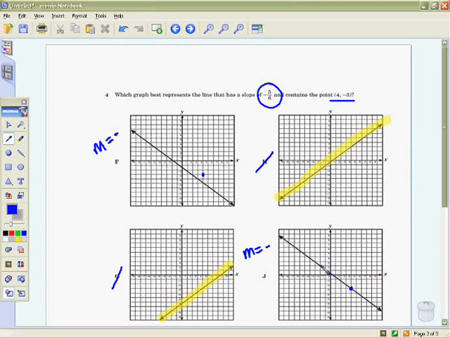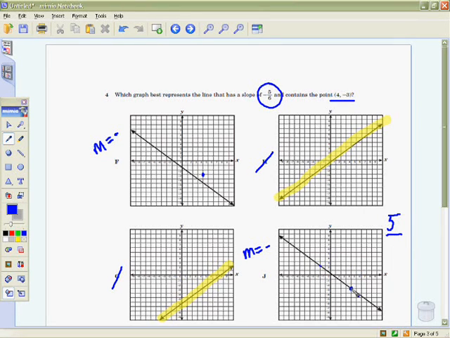Let's practice counting our slope. I'm looking for negative 5/6. So I'm just on the line here. I'm going to find an exact point, and I already had one right here at 4, negative 3. So I'm going to slide right up the line and find when it crosses an exact point again. And it looks like right there. So I count my rise over run. 1, 2, 3, 4, 5.